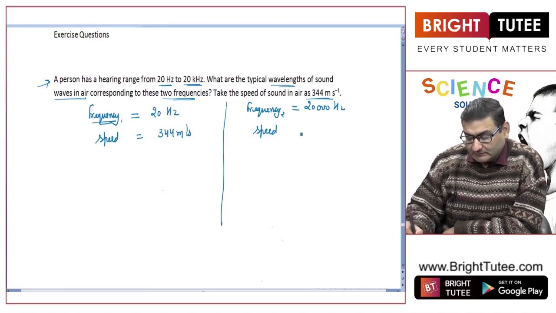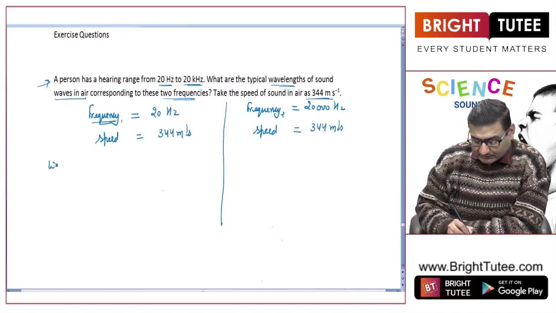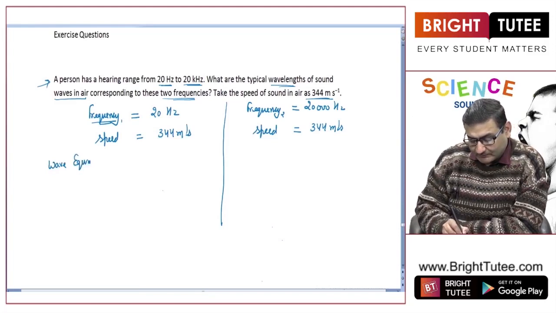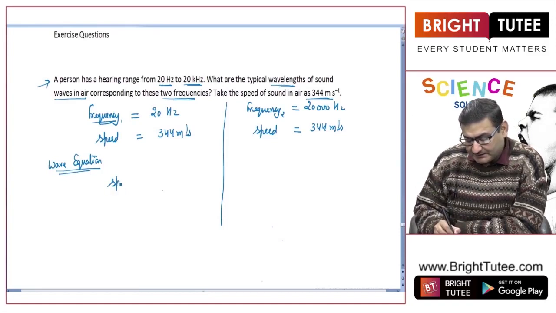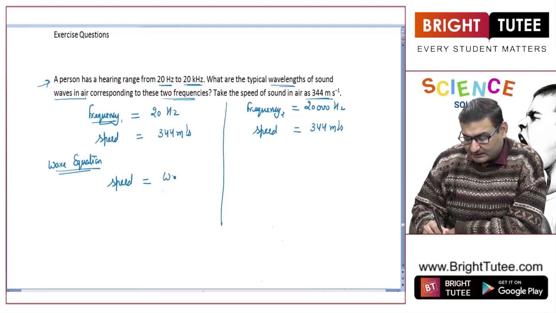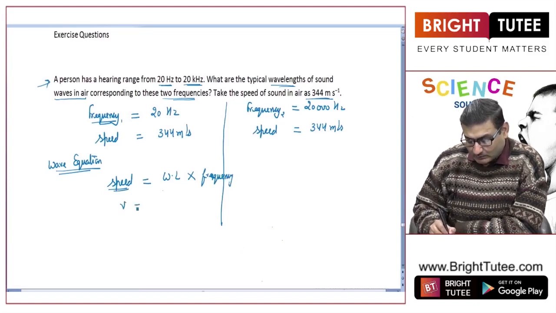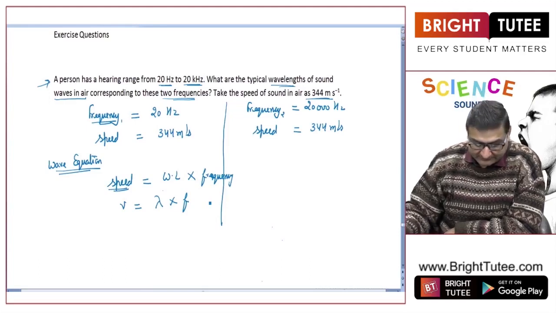Same here, we are just simply required to calculate the wavelength. Now we know the wave equation. What did that wave equation say? The wave equation said that the speed or velocity of the wave is given by the formula wavelength multiplied by the frequency. Speed is denoted by small v, wavelength by lambda, frequency by nu or small f.